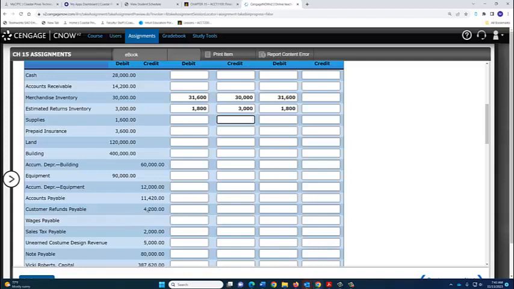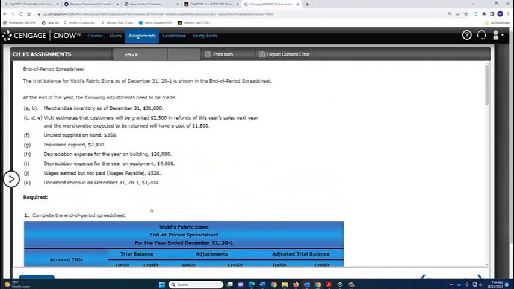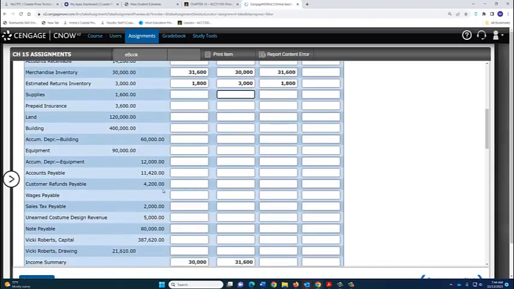So we need to decrease the amount of our customer refunds payable from $4,200 down to $2,500. Okay, the difference is $1,700. So customer refunds payable is a credit of $4,200. To decrease that credit, I'm going to debit it.